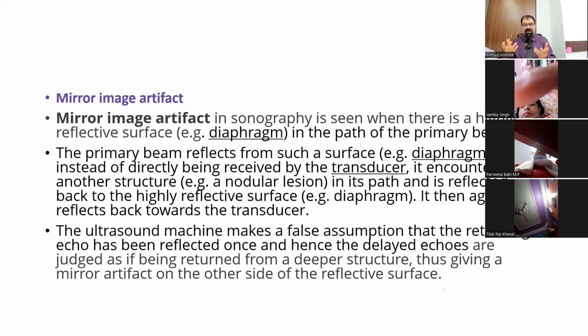Now, where is it coming from? When the primary beam is reflected from such a surface, for example, a diaphragm, instead of directly going back to the transducer, it hits another structure. So this is the brief pathogenesis of this mirror image artifact, how it is looking like. First of all, it makes a false assumption that I am having two livers.